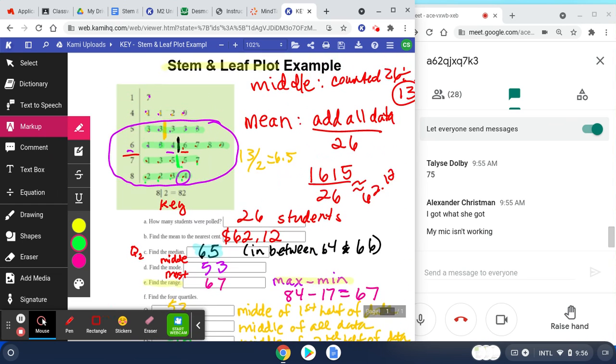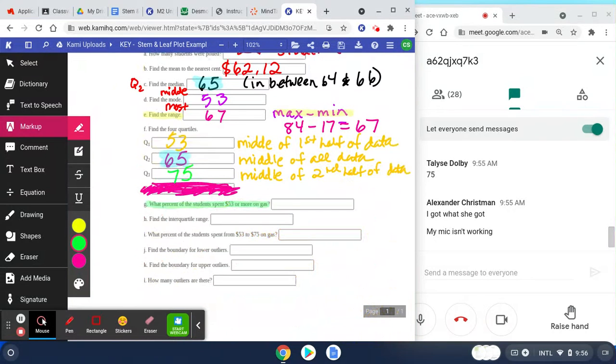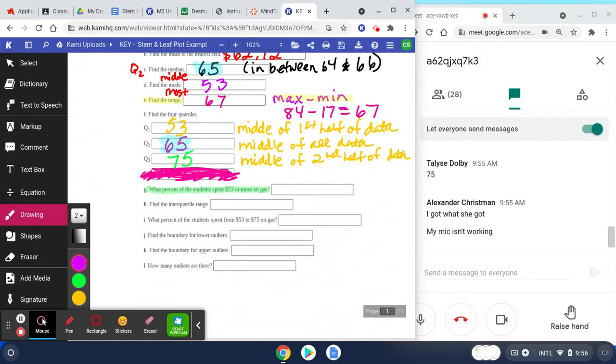I'm getting that 21 out of 26 spent 53 or more on gas. So 21 divided by 26, and this rounds, is approximately 80.7 or 81%.